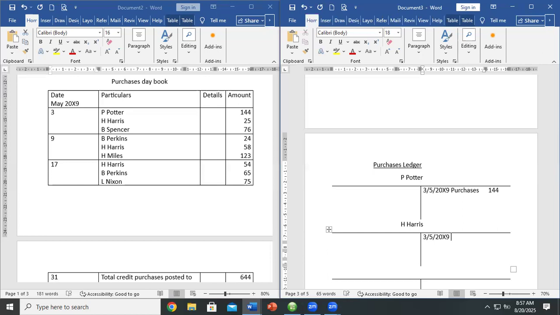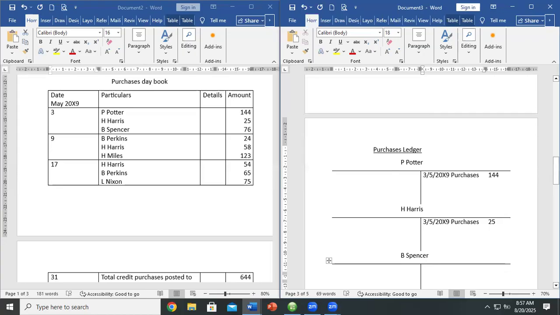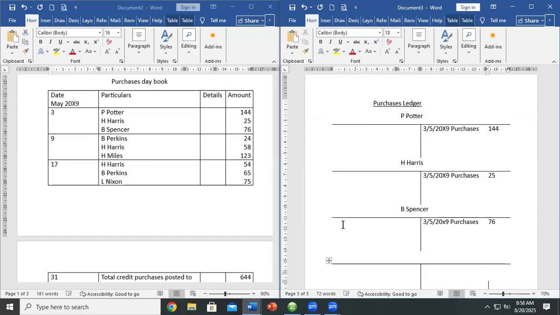Then we go for the next supplier, which is B Spencer. For B Spencer, the same 3rd May 20X9. Purchases. How much? 76. Okay. Then we go to the next person, which is on the 9th, B Perkins.